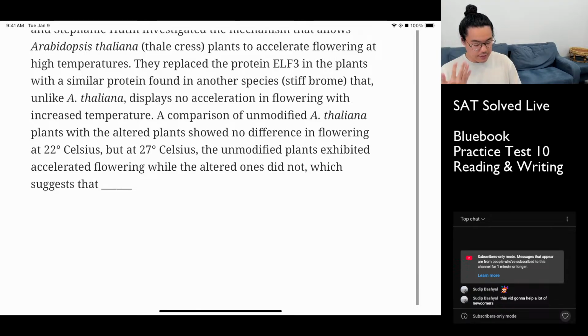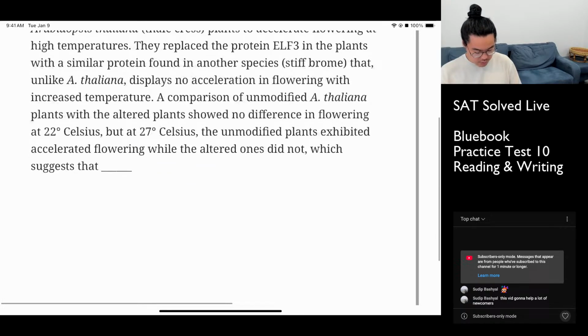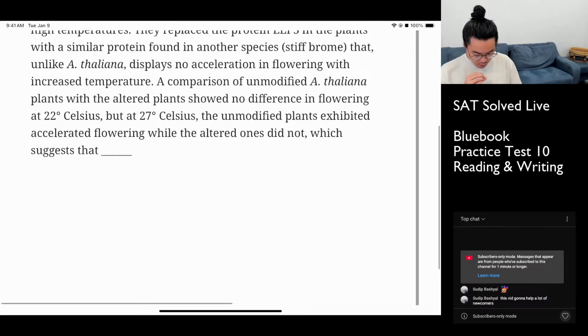It has like a dud protein, like a neutral or control protein. Show no difference in flowering at 22 Celsius, but 27 is hot. So when there's high temperature, the unmodified plants have flowering, while the non-ELF3 plants don't flower very fast.